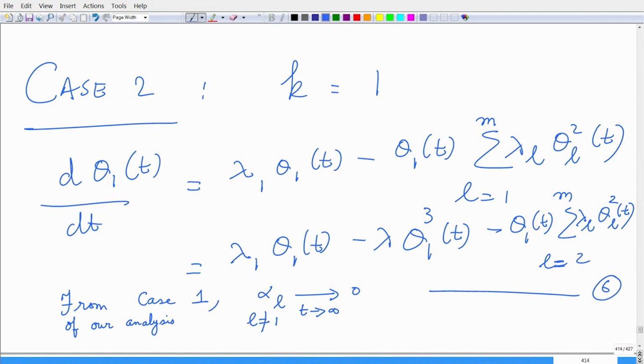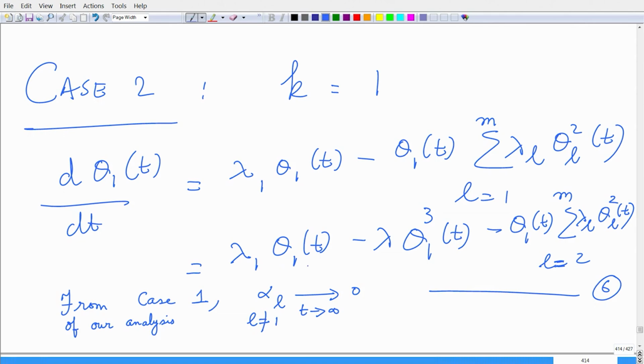My governing differential equation is dθ1(t)/dt = λ1 θ1(t) − θ1(t) times the summation over all the eigen components, L = 1 to m, of λL θL²(t). So, it is a function of the λ and θ for 1 to m. Now, we simplify this equation.